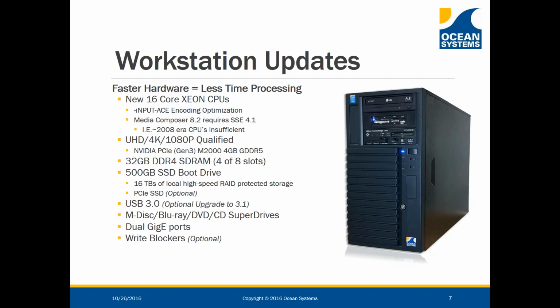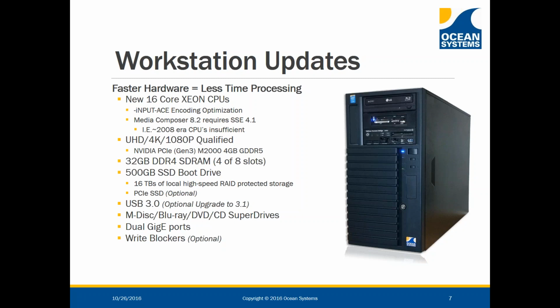And this is really key to effective processing: 32 gig of RAM, but we've got 4 other slots if you want to load the system down with RAM. By default, all of our systems ship with SSD as the boot drive, the operating system drive, so things load quicker and faster. Default configurations include 16 terabytes of local high-speed RAID-protected storage.